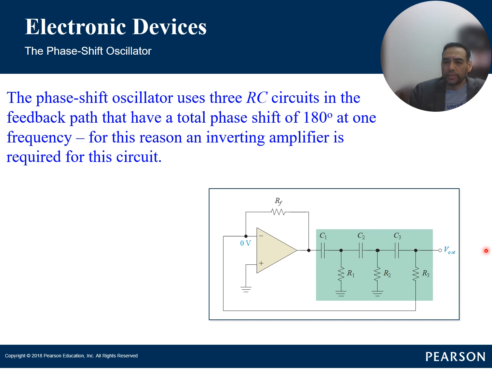They offer a very simple design, very low distortion, and relatively good frequency stability compared to other oscillator configurations. Look at this, it's very, very simple to build, if you don't have access to crystals. And we'll talk about crystals at the end of this lesson.